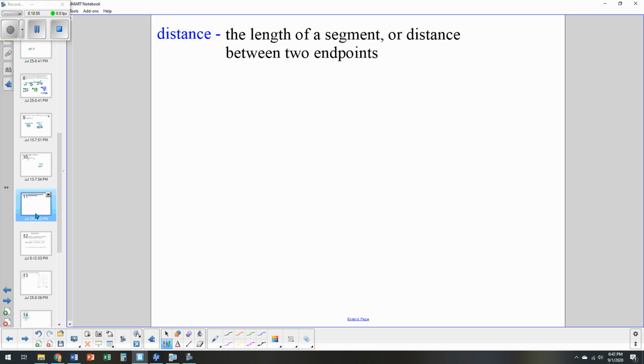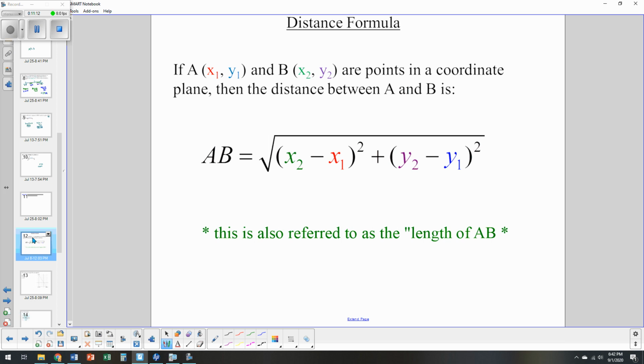The next thing we're going to talk about is distance. So distance is also the length of a segment, or when we talk about distance, we're actually talking about the distance between two endpoints. So distance and length are going to be interchangeable when we talk about segments. So we have something called the distance formula.